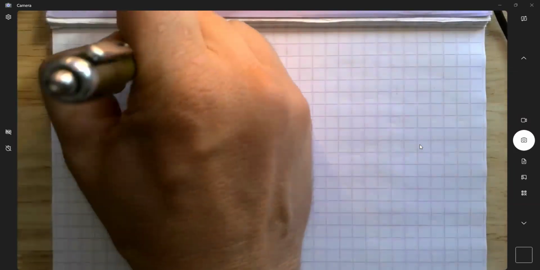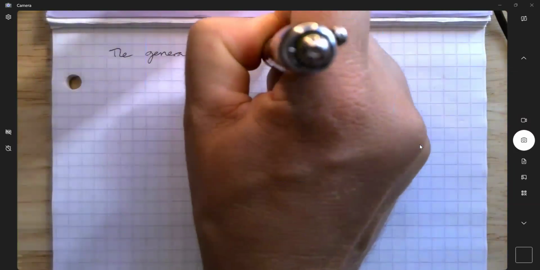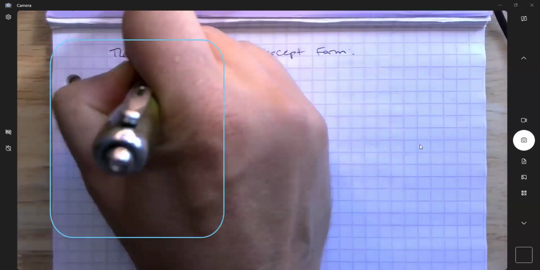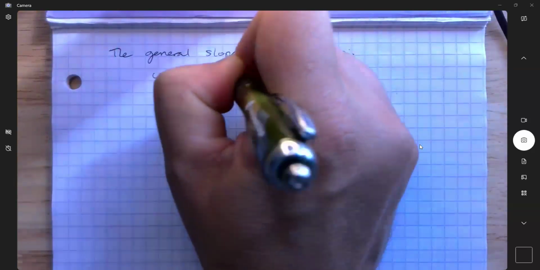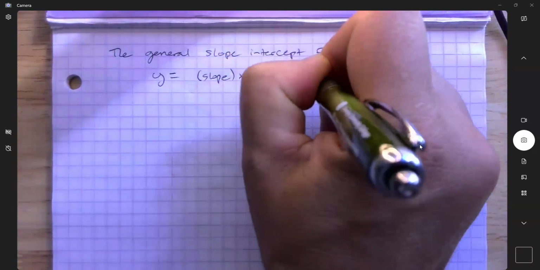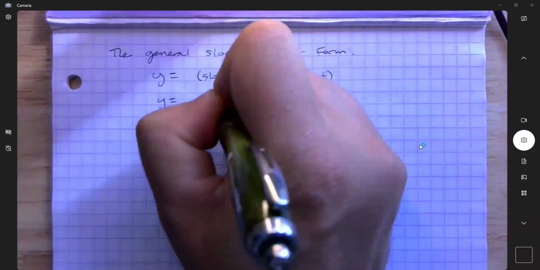The general slope-intercept form is y equals some number, which is the slope, times x, plus another number, which is the intercept. And we usually use the letter m for slope.